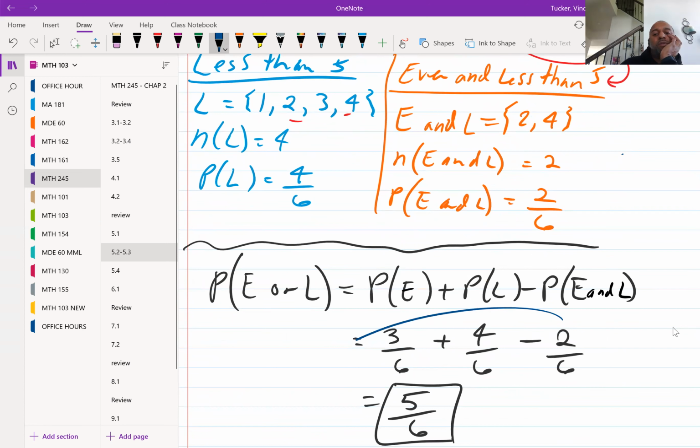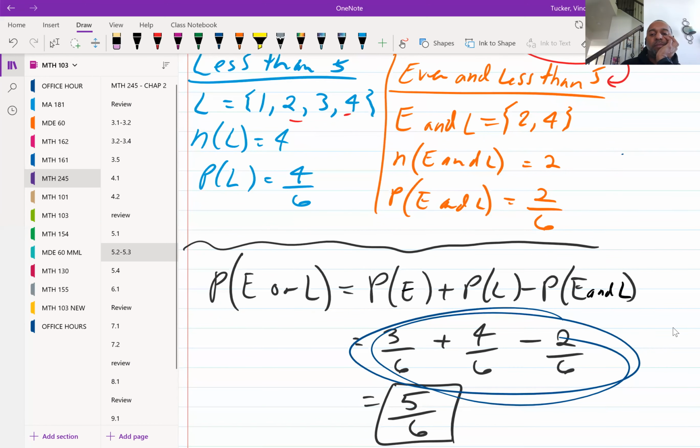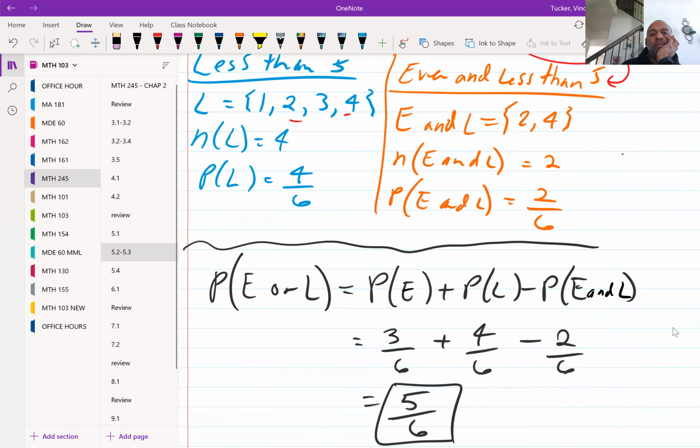All right, so plug them into the formula. Probability of E plus the probability of L minus the probability of E and L. So it's 3/6 plus 4/6 minus 2/6.